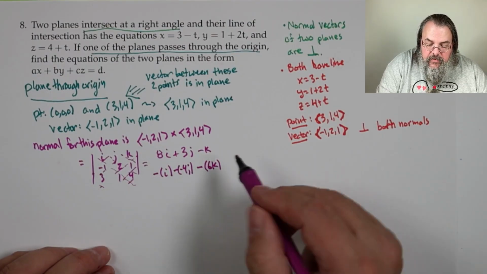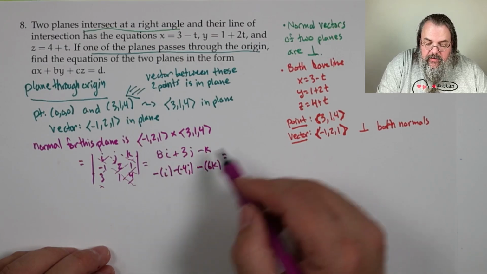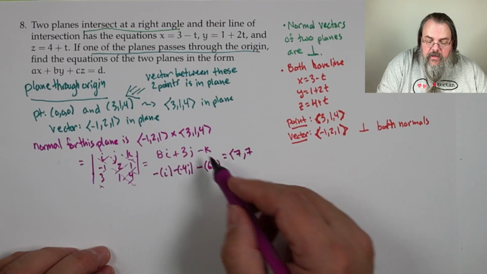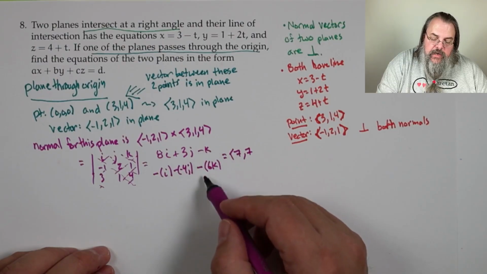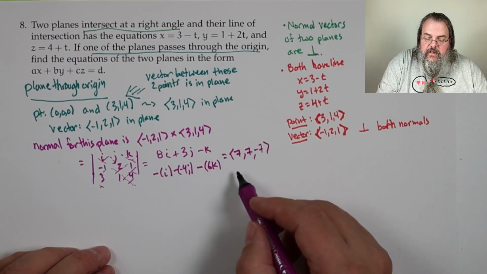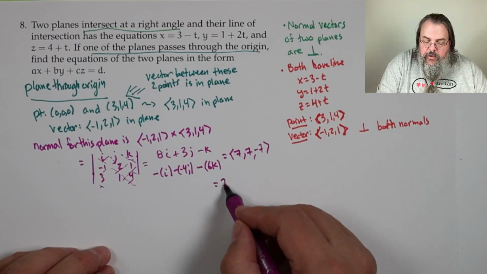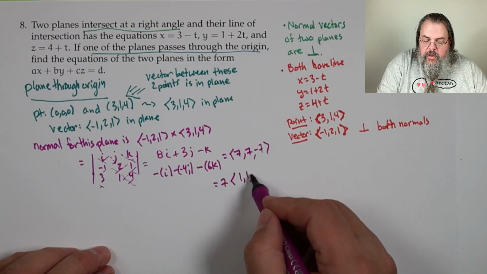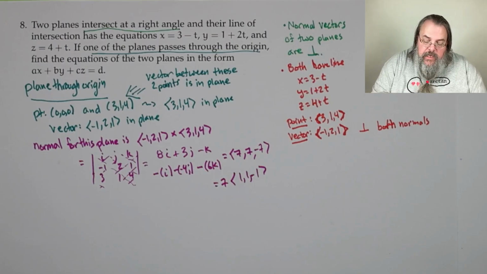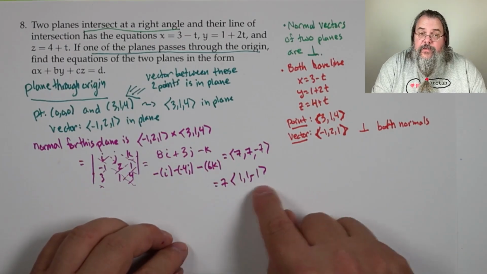And so what does that give us? 8 minus 1 is 7. 3 plus 4 is 7. -1 minus 6 is -7. Or I can pull out a 7: (1, 1, -1). So my claim is that this is the normal.